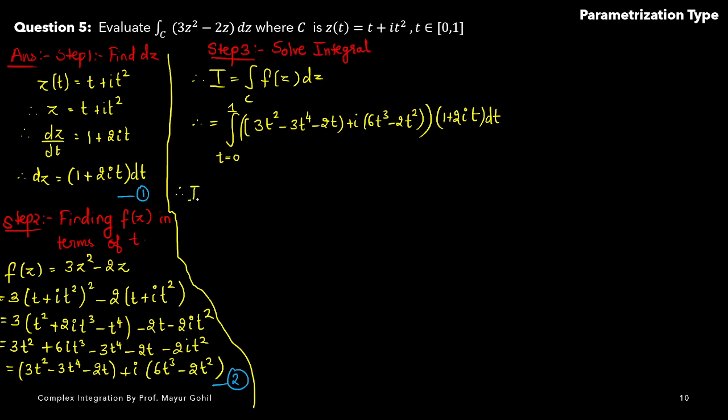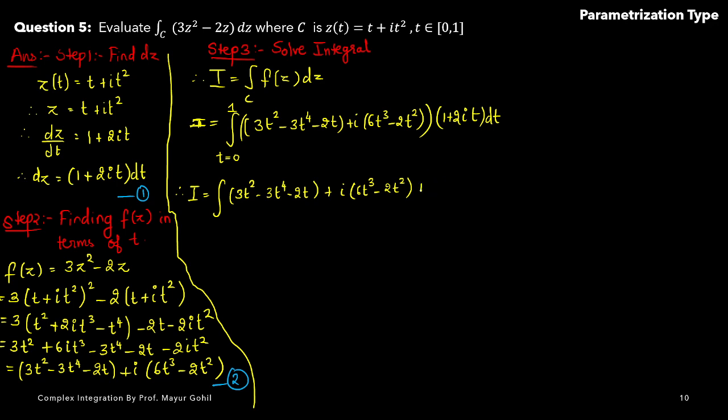Therefore I equals the integral of 3t square minus 3t raised to 4 minus 2t plus i times 6t cube minus 2t square.